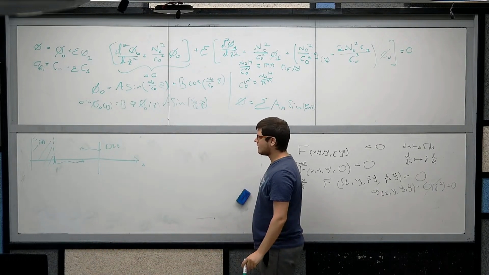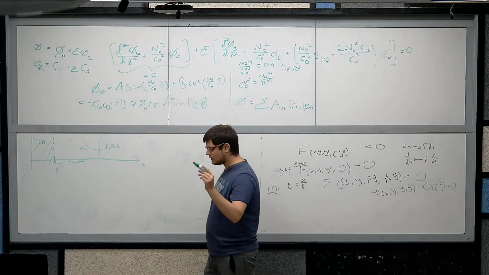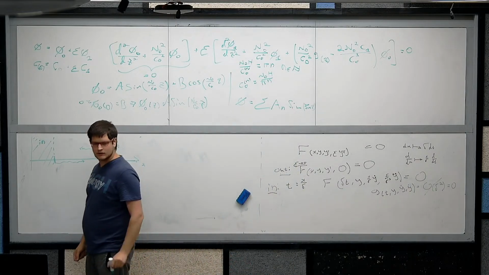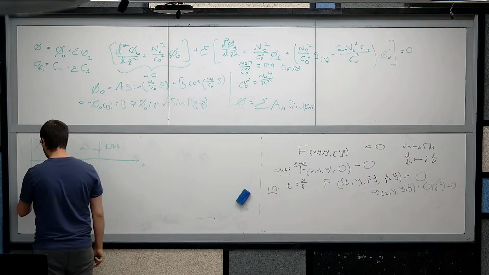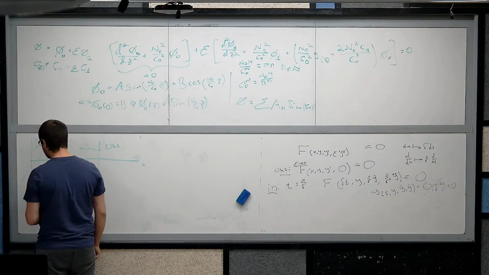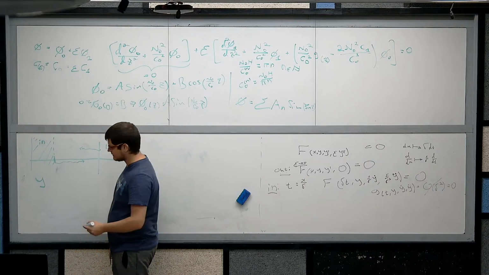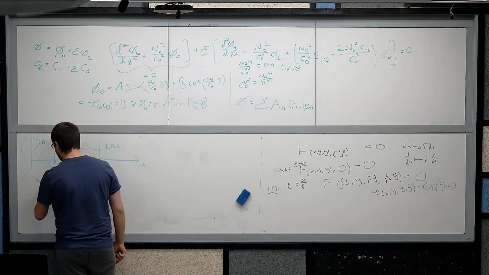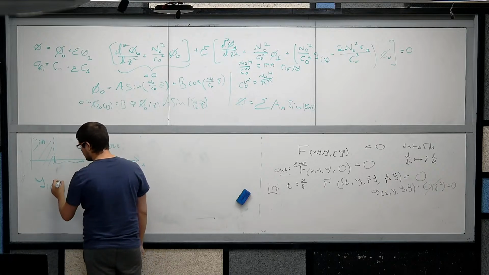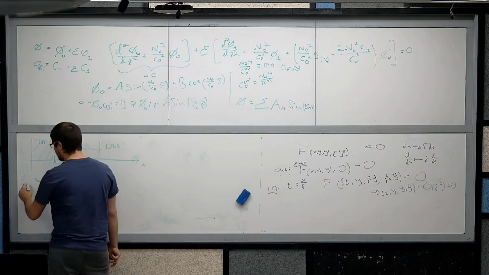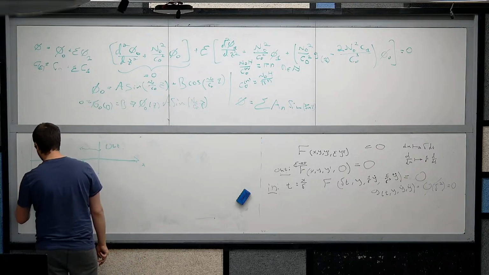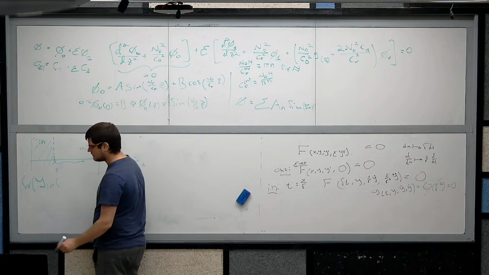So one constraint that you get actually is, and this is why it's called a boundary layer, because at the boundary you have another constraint. It's a little bit of a cheat.